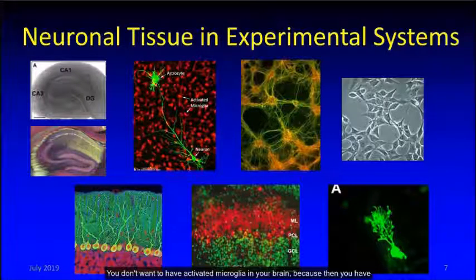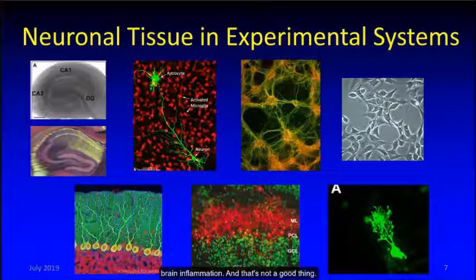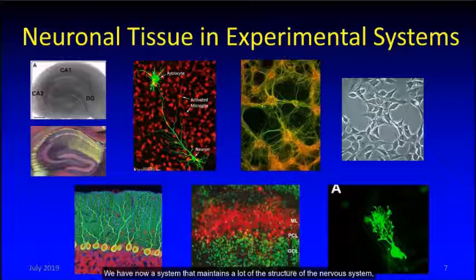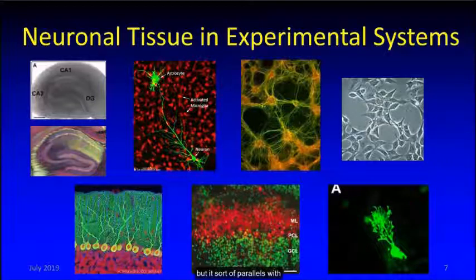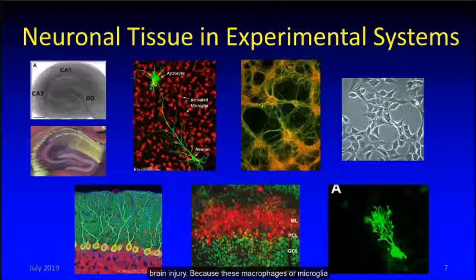You don't want to have activated microglia in your brain because then you have a big brain inflammation, and that's not a good thing. So we now have a system that maintains a lot of the structure of the nervous system, but it parallels brain injury because these macrophages, or the microglia, are activated. And they secrete a lot of cytotoxic substances.